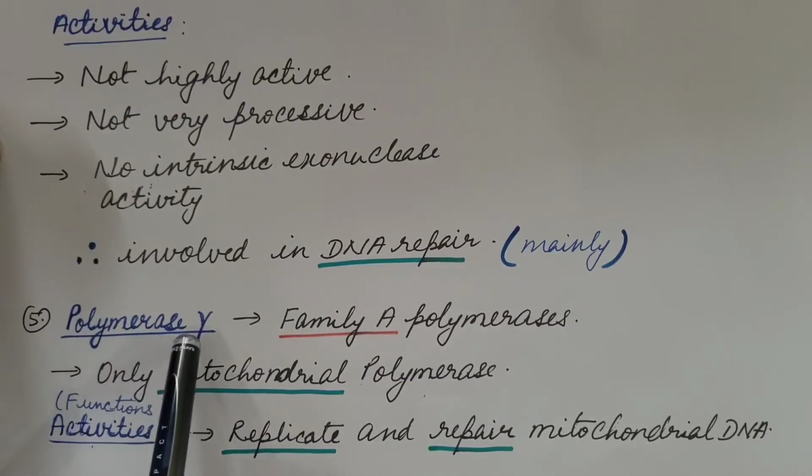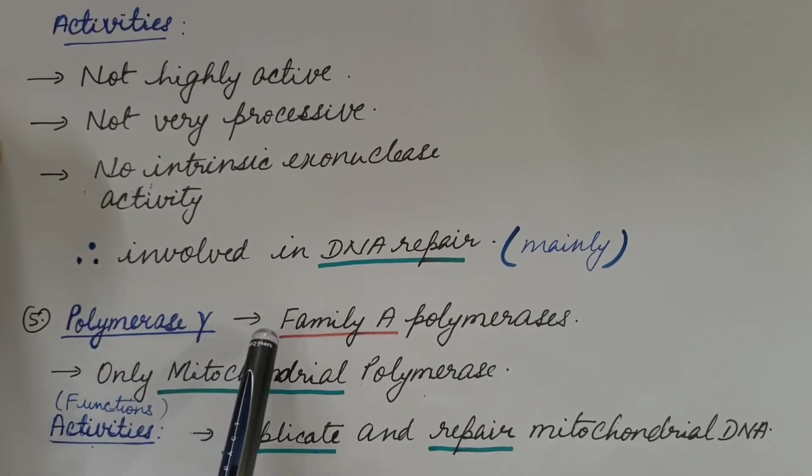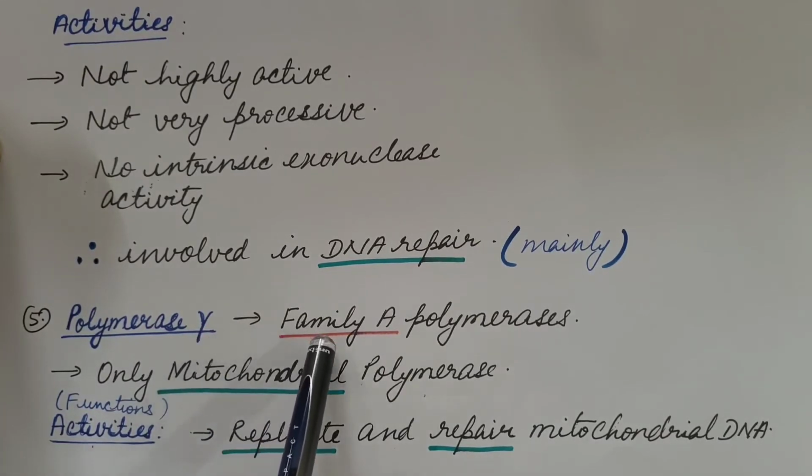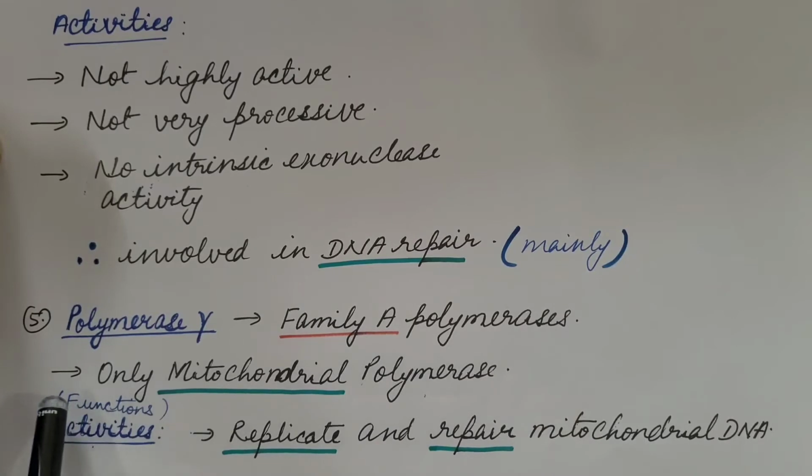Fifth is the DNA polymerase gamma enzyme. It is a member of the family of A polymerases. It is the only mitochondrial polymerase. That is, it is the only polymerase present in mitochondria, as mitochondria also contain DNA.